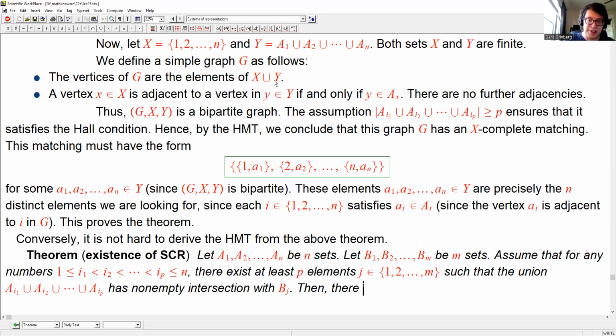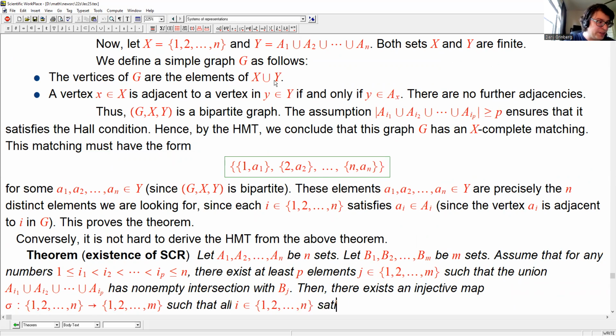Then there exists an injective map sigma from 1 up to n to 1 up to m such that all i's satisfy A_i intersect B_{sigma(i)} is non-empty.